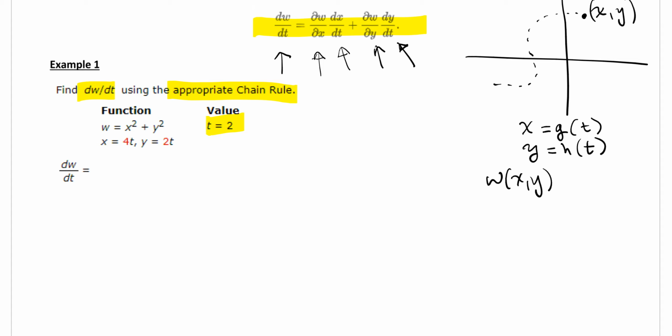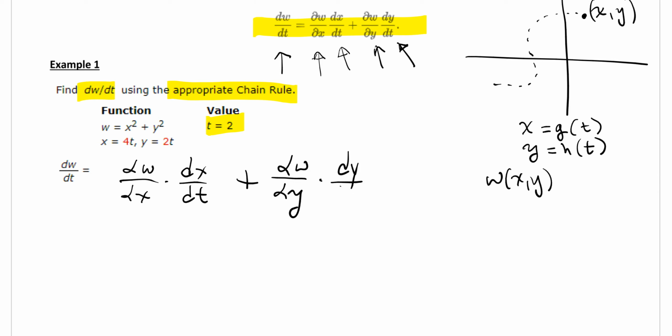At the end, we're going to plug that in and see the actual value of the derivative when t equals 2. But for now, we want to use the formula. So I realize it's right above us, but I'm going to copy the formula over here. The partial of w with respect to x times dx dt plus the partial of w with respect to y times dy dt.